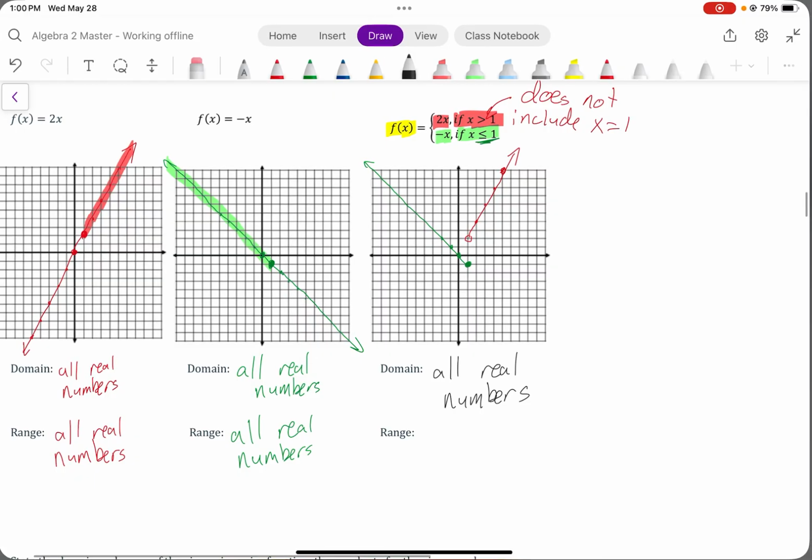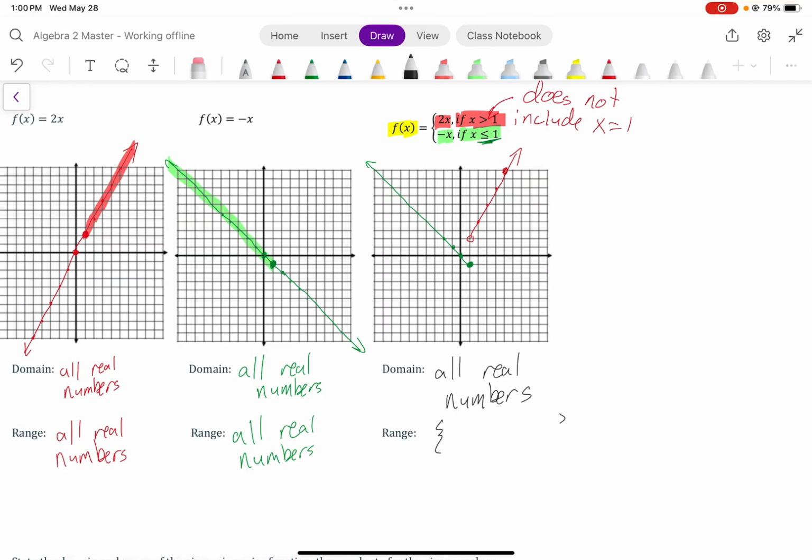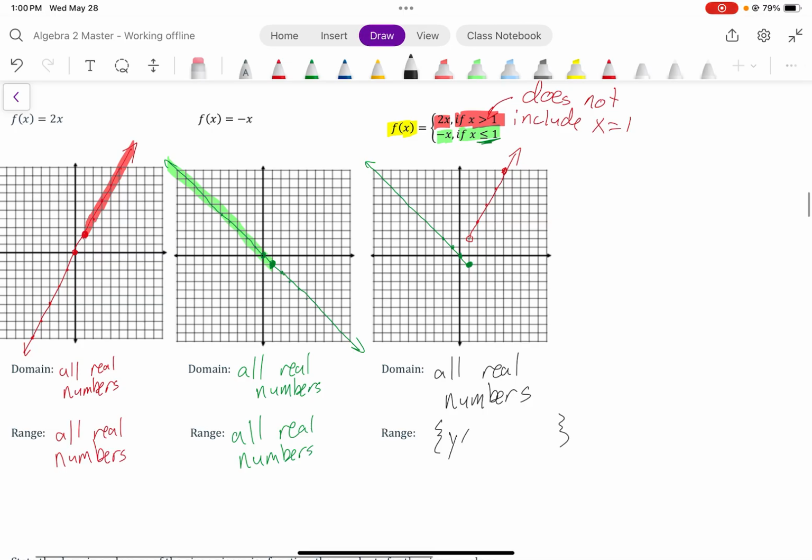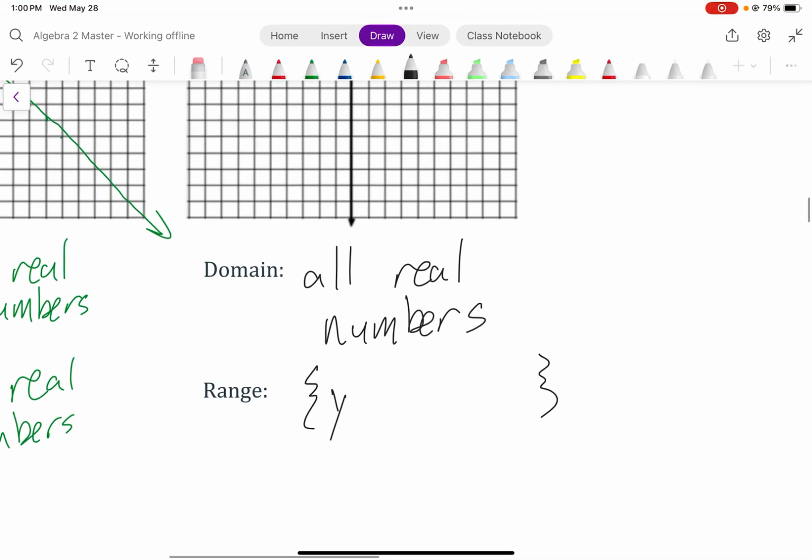I'm going to write this in these little braces. I'm going to write y is an element of the real numbers. I'm going to do that a little bit slower because the symbol is kind of weird. So y is an element. It's kind of like a weird curved E. The real numbers is a capital R with a second vertical bar.